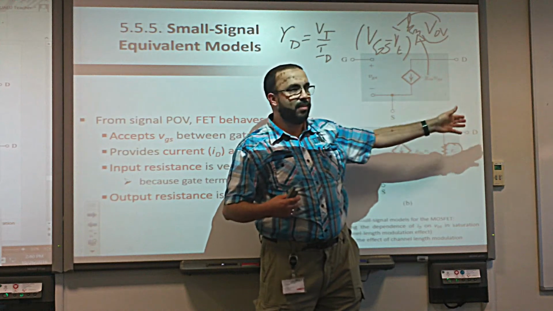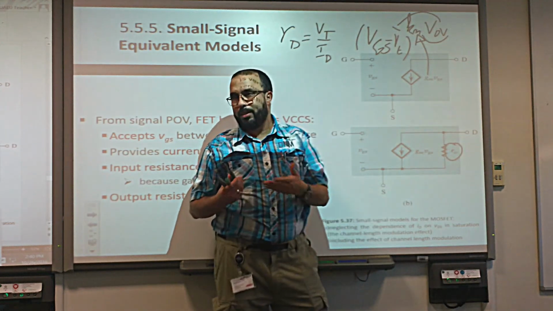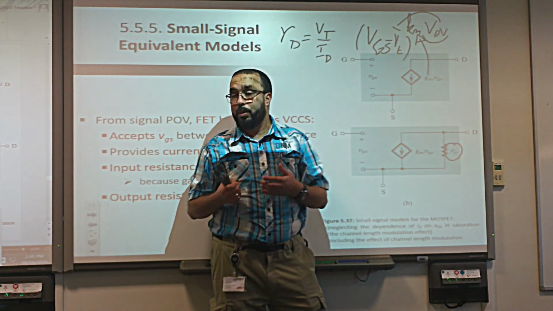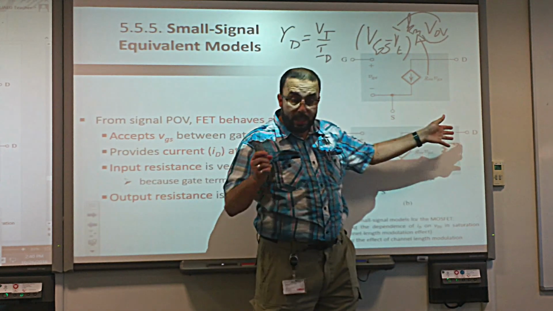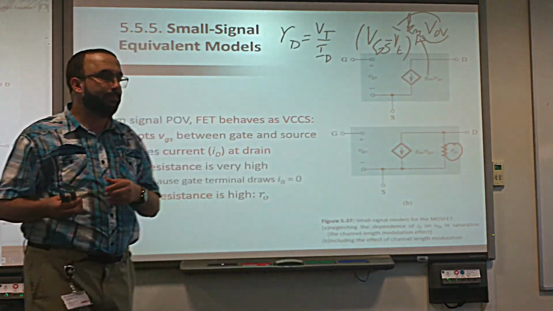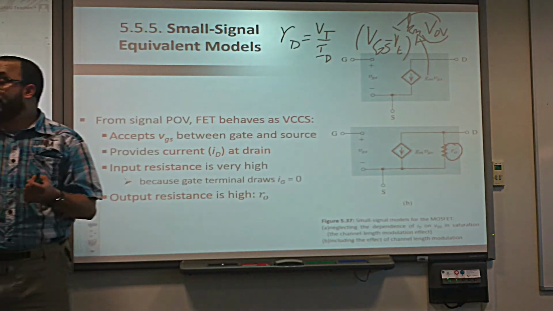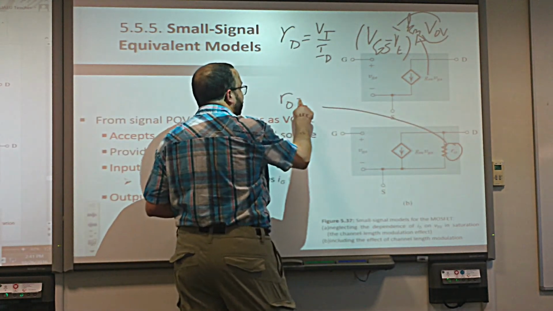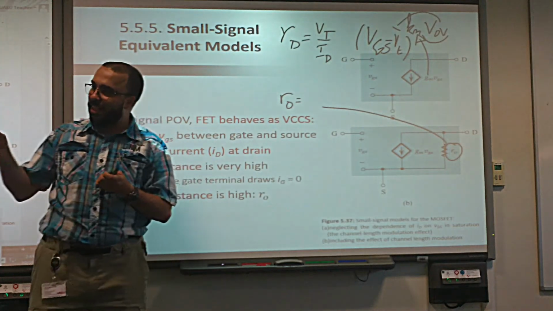But if we include the effect of channel length modulation, that means VDS in DC controls the current that passes through the drain. And r0 itself is also a DC parameter. How much is r0 equal? VA over ID. Very good.